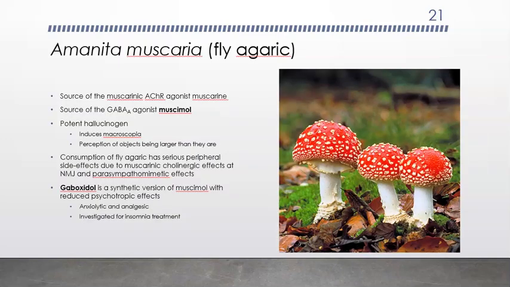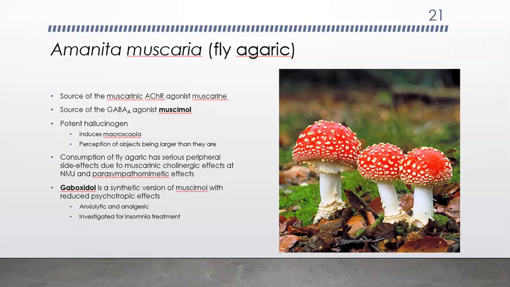So the source of the muscarinic acetylcholine receptor agonist muscarine is also the source of the GABAa agonist muscimol. So muscarine and muscimol are related.